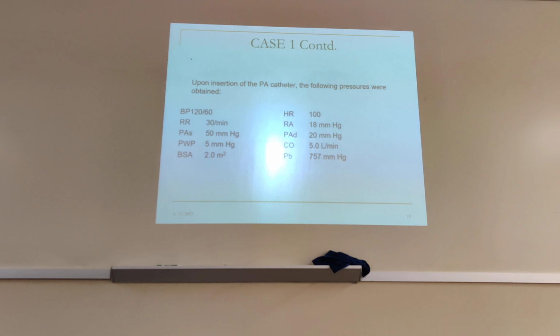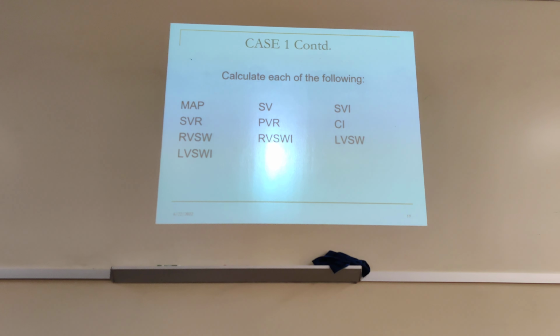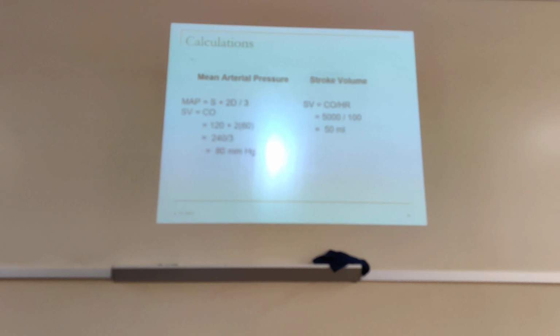Okay? So now it says to calculate your mean arterial pressure, SVR, right ventricular stroke work, left ventricular stroke work index, and so on. Calculate all of this here. So the first thing that I want to do is to calculate my mean arterial pressure. Well, the blood pressure is given as 120/60.